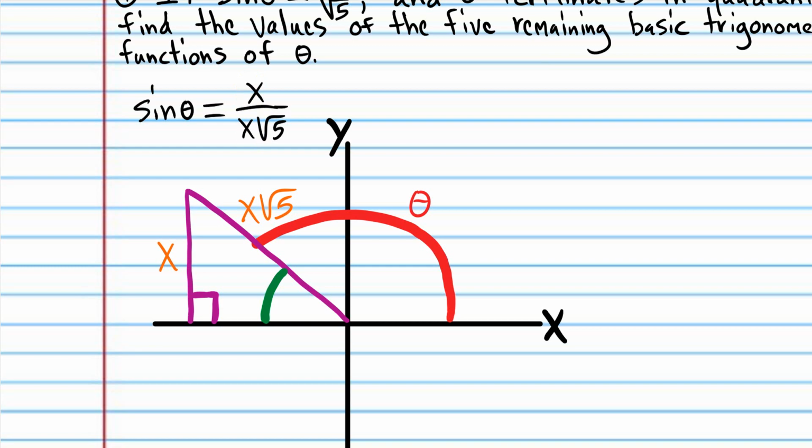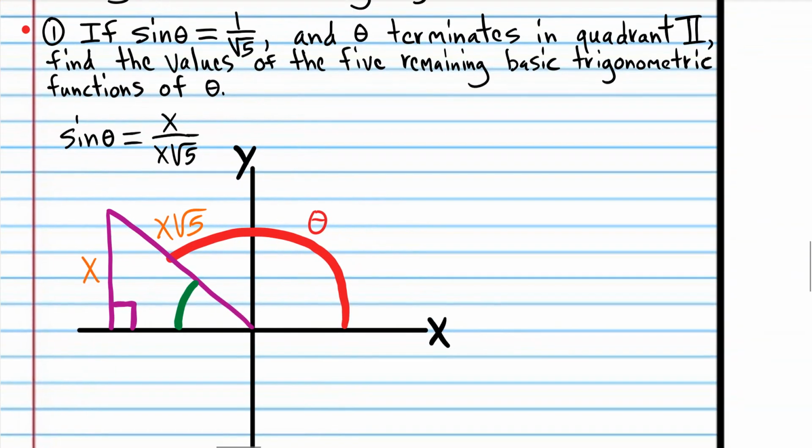So we don't really care exactly what x is. X can be 1 billion, it can be 1 million, it can be 2, it can be 3/2. It doesn't matter what x is. In our ratios, x is always going to cancel out. So what that means is we can choose any value for x. And we're going to choose a very convenient value. We're going to let x equal 1.